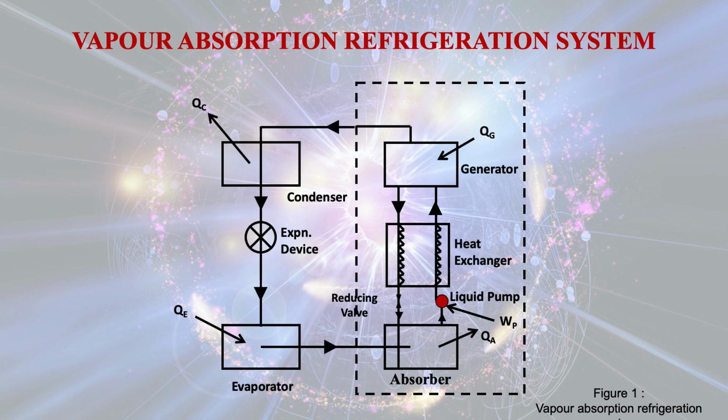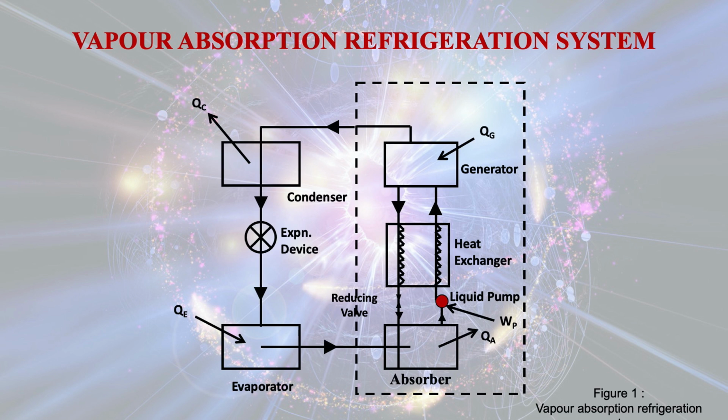This is the schematic of vapor absorption refrigeration system. Here you see that there is evaporator. We have already discussed in our earlier lecture session the functions of evaporator. There is expansion device. The function of the expansion device we have already discussed in our lecture session, and there is condenser.